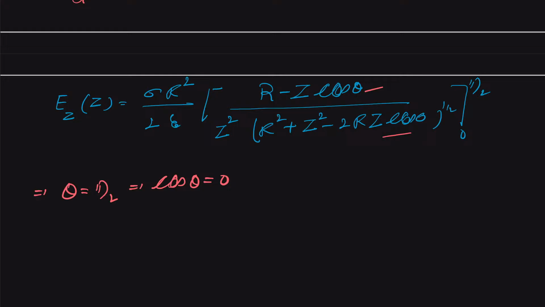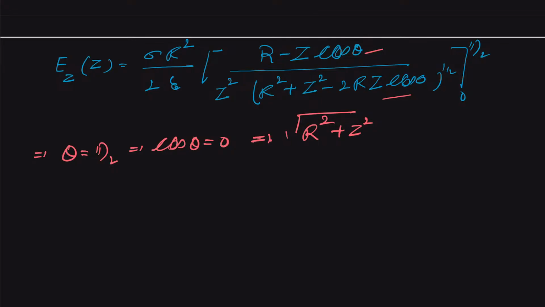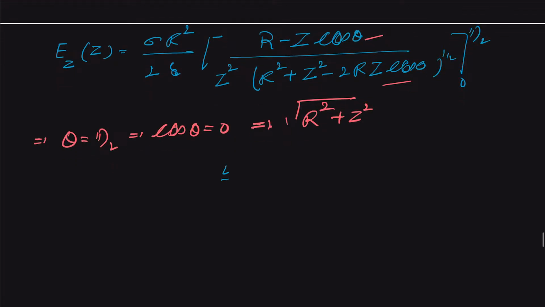So this will give us r upon the square root of r square plus z square.